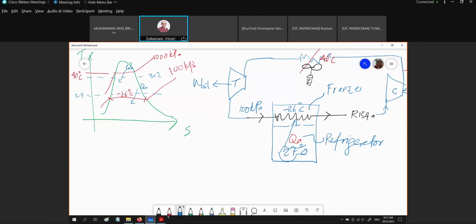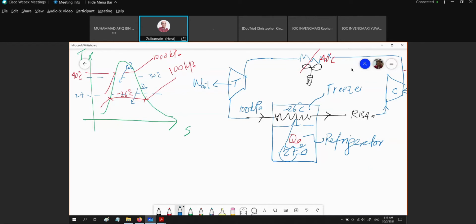Now we are going to look at the first cycle of this refrigeration system, where it uses these four main components. The main component right here is the heat exchanger.